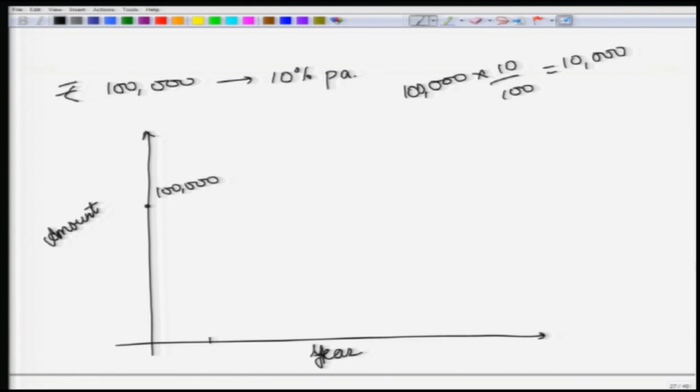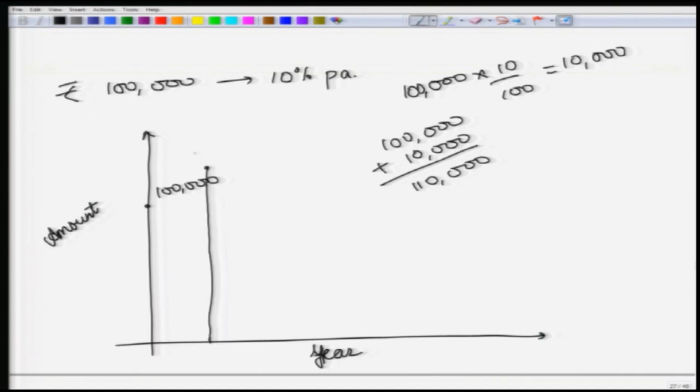So, at the end of 1 year the amount that we have in this bank is now 100,000 plus 10,000 is 110,000 rupees. Now, similarly, if you have a forest that suppose currently has a total growing stock of say 100,000 cubic meters and it is having an increment of 10%, then we will say that at the end of 1 year we have a volume of 110,000. So, it is one and the same thing.